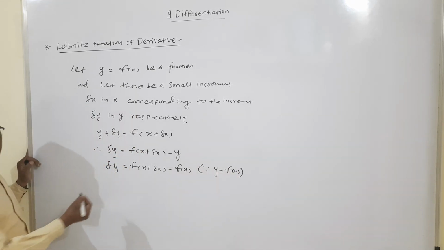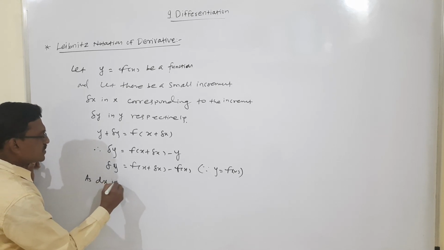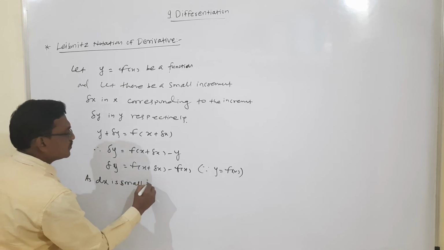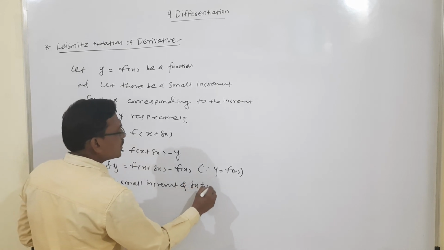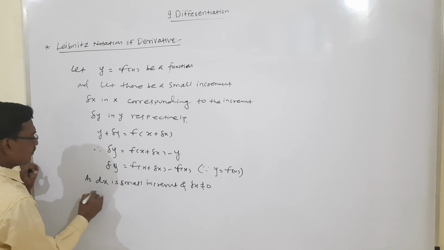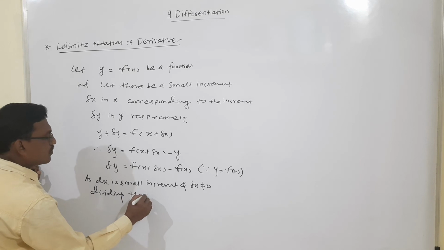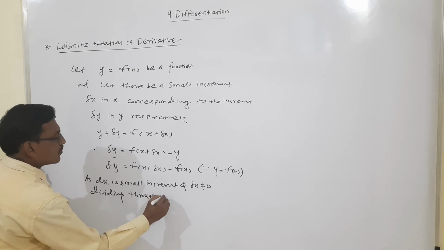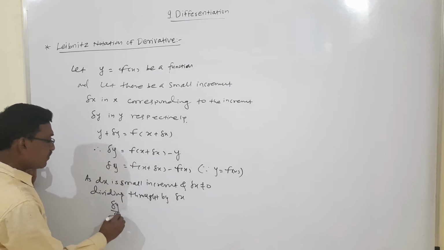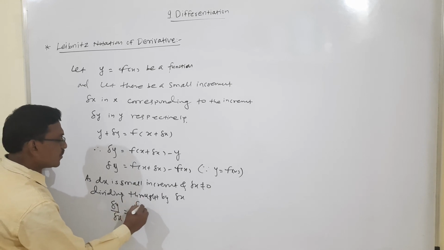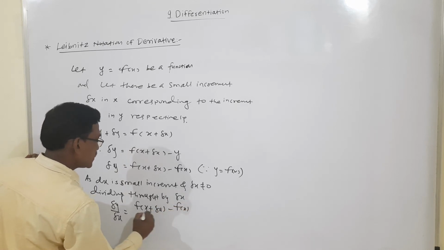As delta x is a small non-zero increment, dividing throughout by delta x, we get delta y upon delta x is equal to f of x plus delta x minus f of x divided by delta x.